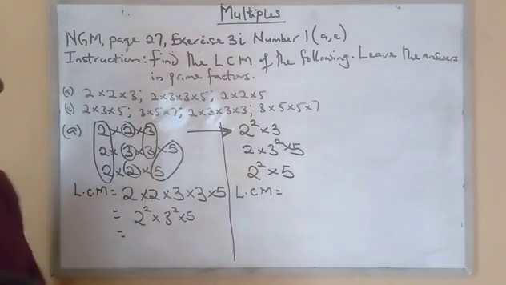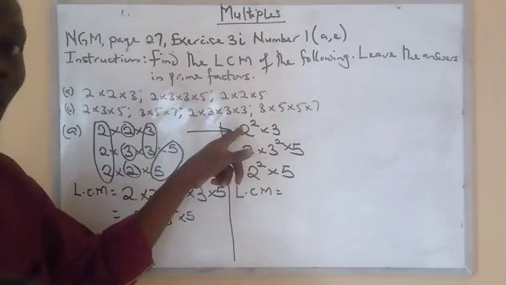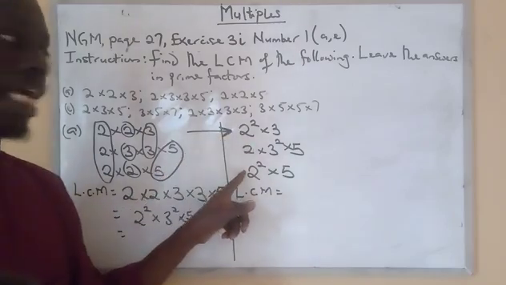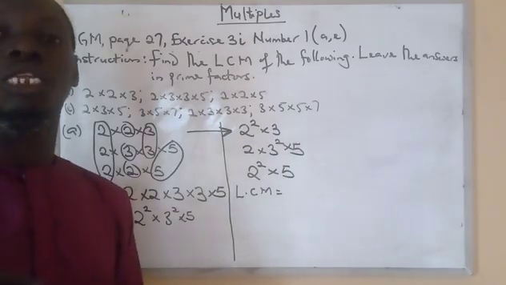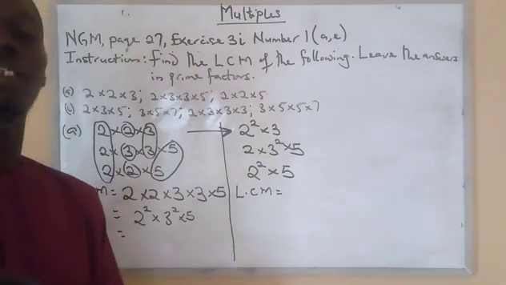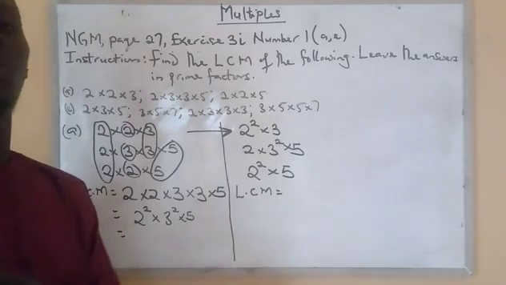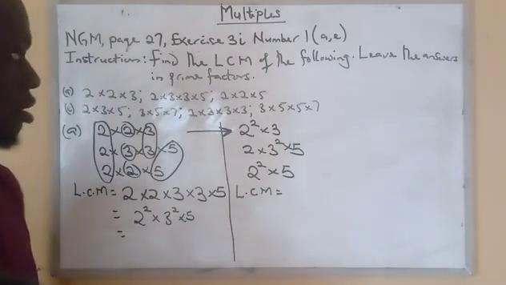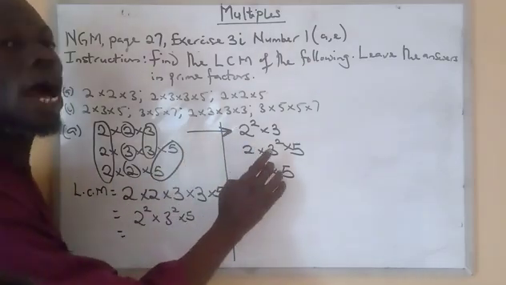We will now say that since a single 2 existed here, it also existed here. We pick 1. That is what we did under HCF. But for the LCM, we will take every number inclusive. How do we mean? Here we will take the highest power of 2.